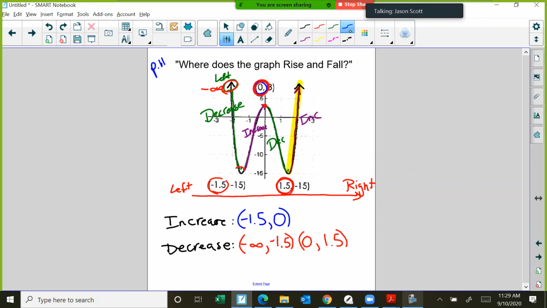So where does this ordered pair begin? What is its x value? It's 1.5. And it travels up, and it keeps going to positive infinity, because remember, we're moving to the right. It gets parentheses. And those are the 4 increasing and decreasing intervals of this graph.